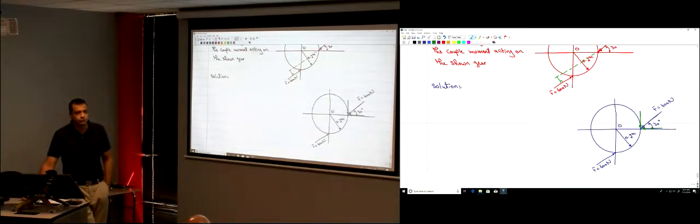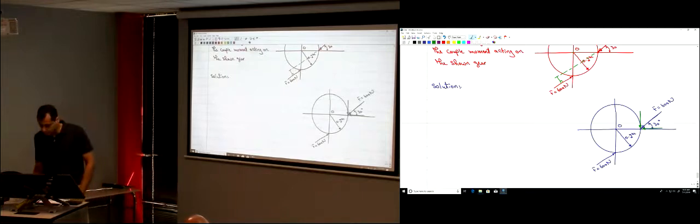Do you know how much those components are, a vertical and horizontal component of this force? How much are those components?